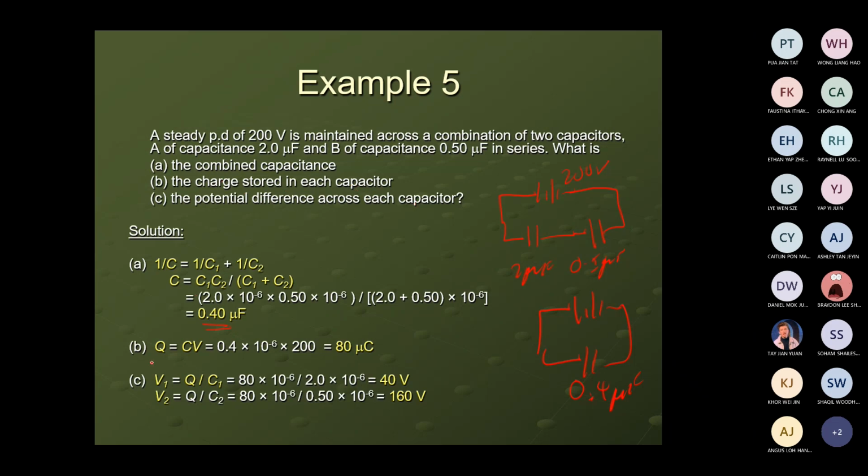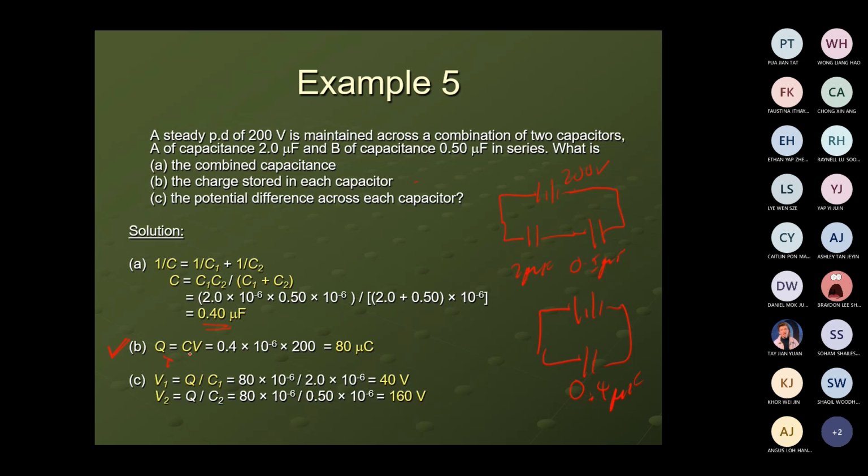The charge stored in each capacitor, the potential difference across each capacitor. The working done in B here, you need to correct the question. The B is actually the answer given for Q total, the total charge stored.